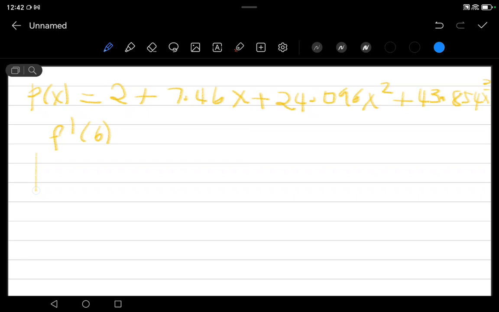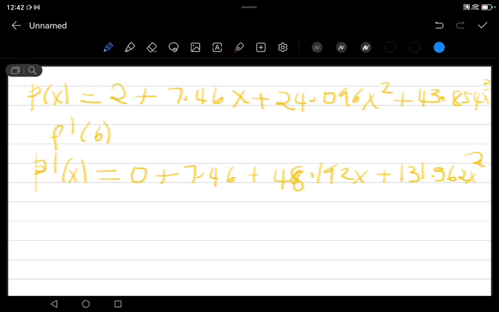So p prime of x equals derivative of 2 is 0, and then derivative of 7.46x is 7.46, plus derivative of 24.096 times x squared is 48.192x, and then derivative of 43.854 x cube is 131.562 x squared.